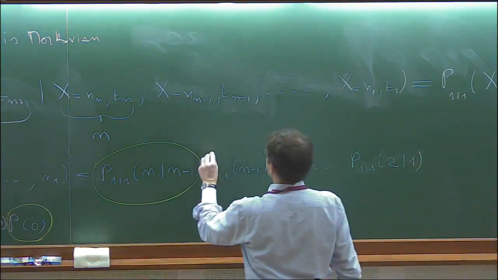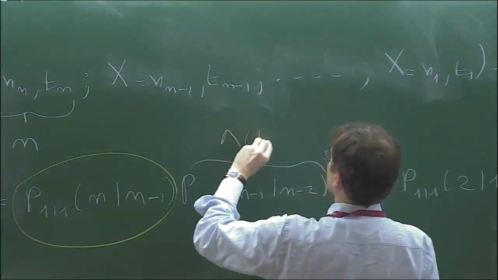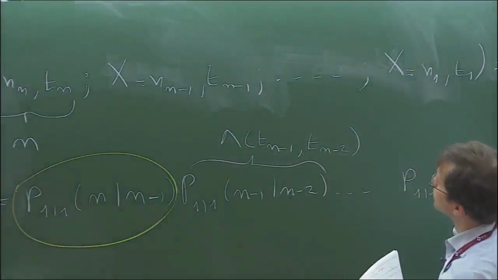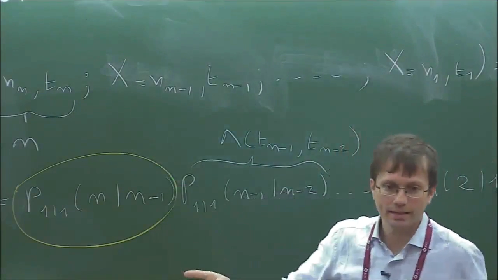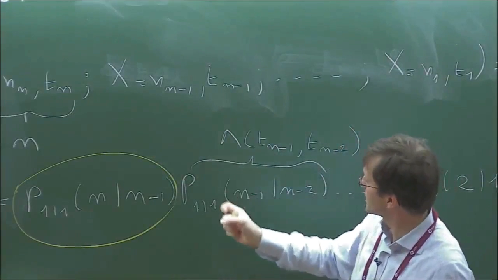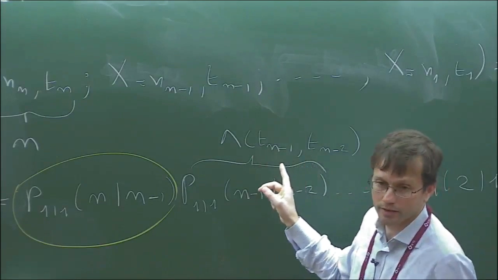As said, this is a transition matrix. Let me call it lambda, depending on t_{n-1}, t_{n-2}. The idea is that this value x takes place in a finite set, so this becomes a matrix, in the dependence of x_{n-1}, x_{n-2}, simply a transition matrix.